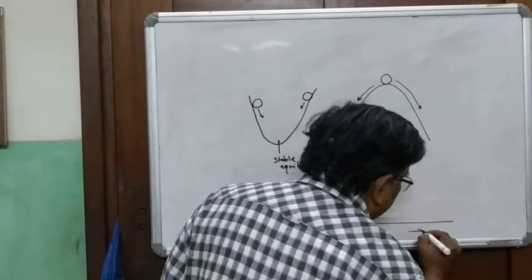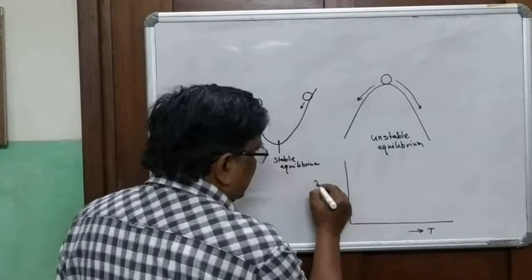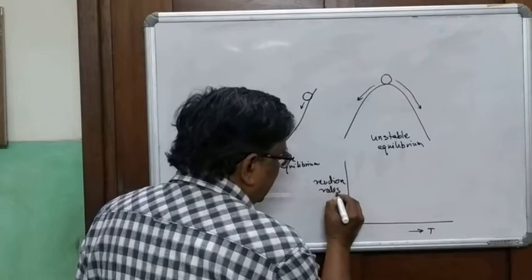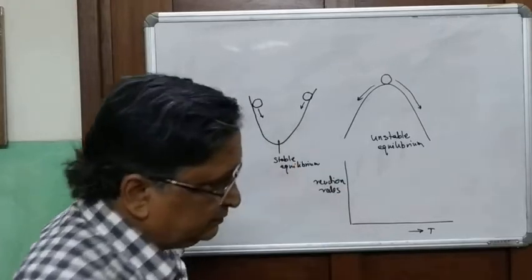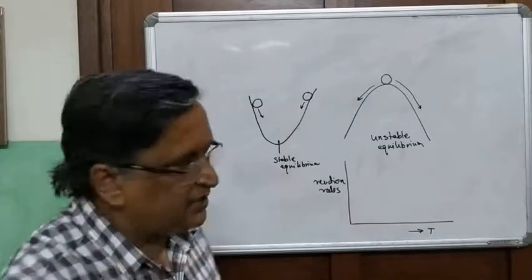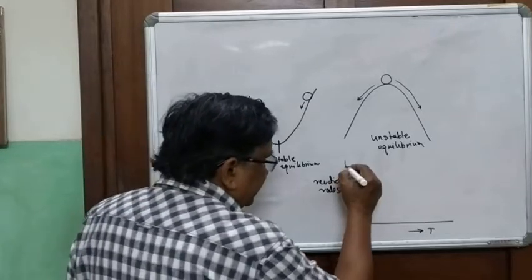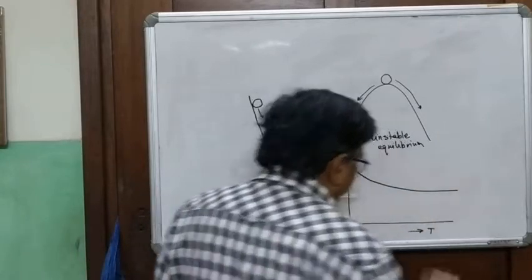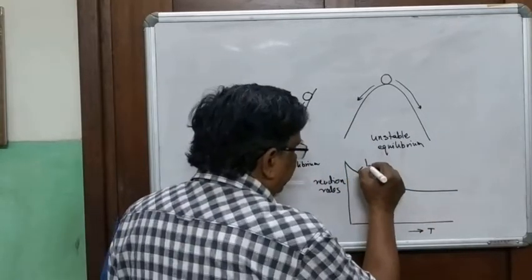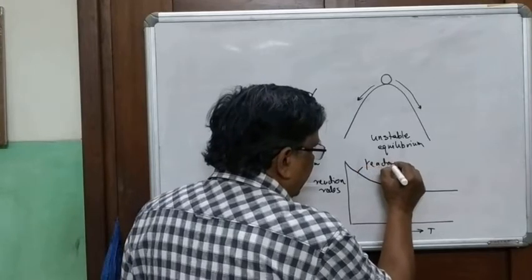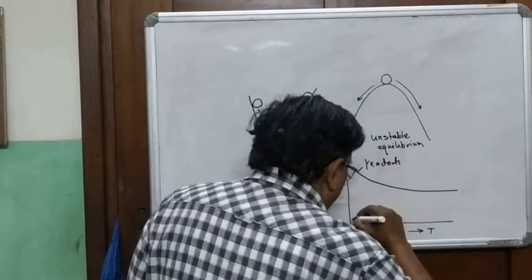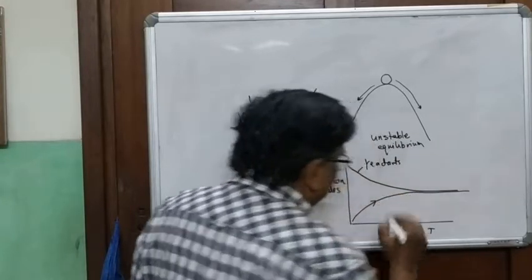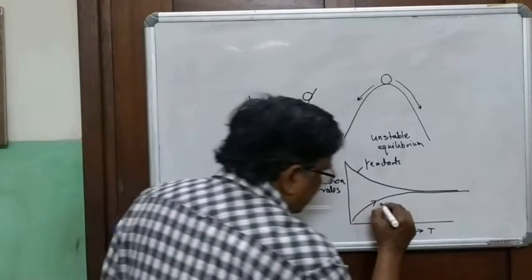Say for example, this is time and this is reaction rate. So what happens with the reaction? The reaction rate normally has a slope like this for the reactants: the number of reactants decreases, and the back reaction, for example, the products increase.